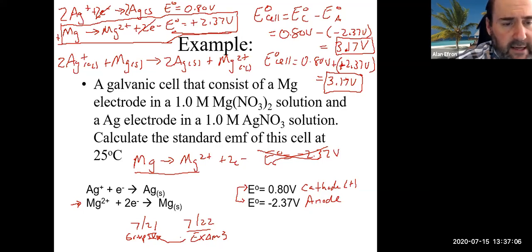We also saw that our oxidizing agent is the thing that gets reduced. It causes the oxidation in something else, which is why it's called that. And our reducing agent is the thing that gets oxidized as it causes the reduction in the other substance that's present.